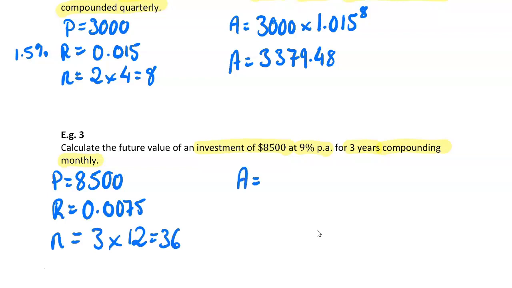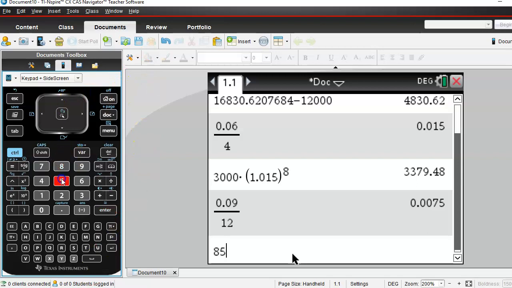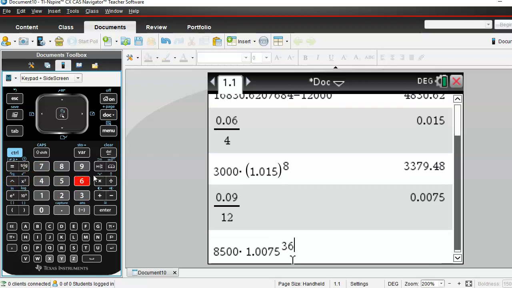So the amount that we're going to have in the account at the end is 8,500 times by 1.0075 raised to the power of 36. Get our calculator out. 8,500 times by 1.0075 raised to the power of 36.